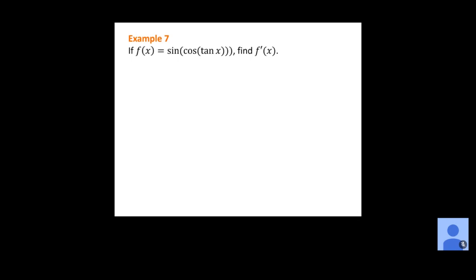Okay, so think about what's going on here. There's no products, there's no quotients, right? Sine of a cosine of a tangent. So it is a chain rule, right? Now, if we use chain rule here, what would you let the inside function be?